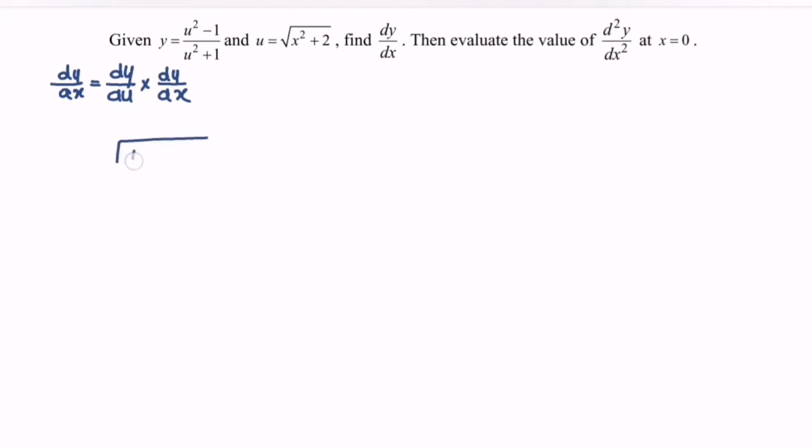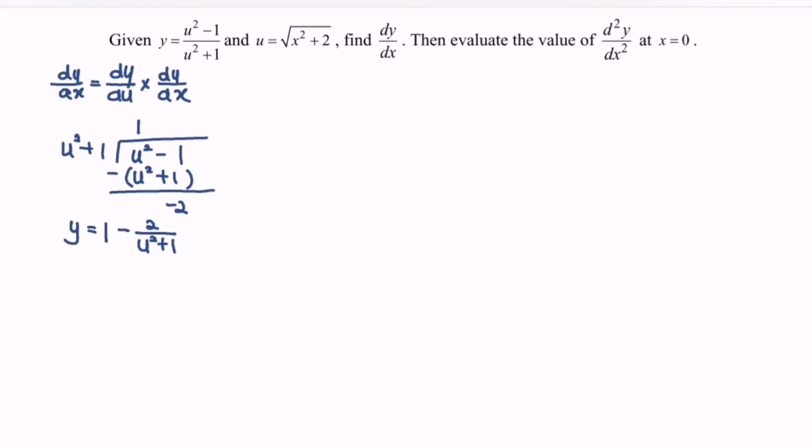So u squared minus 1 divided by u squared plus 1: 1 will be u squared plus 1, and we will have negative 2 as a remainder. Now we have y equals 1 minus 2 over u squared plus 1.